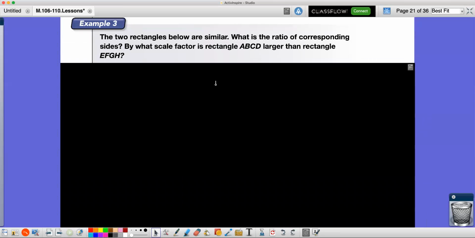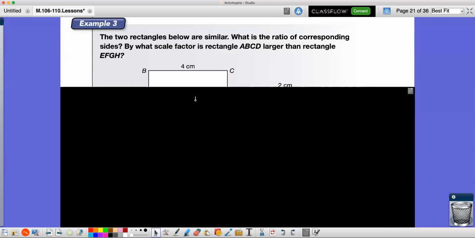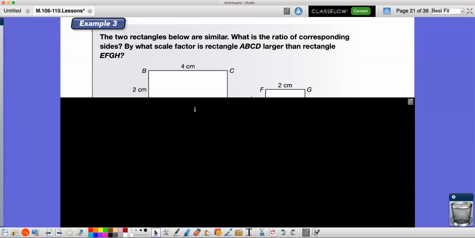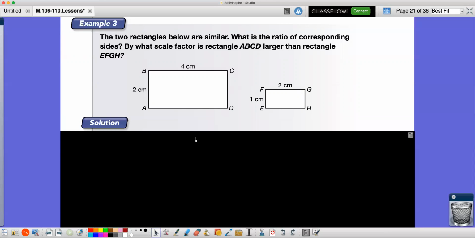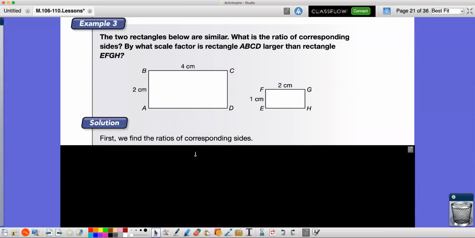So example 3, the two rectangles below are similar. What is the ratio of the corresponding sides? By what scale factor is rectangle ABCD larger than rectangle EFGH? You need to realize that first we find the ratio of the corresponding sides.